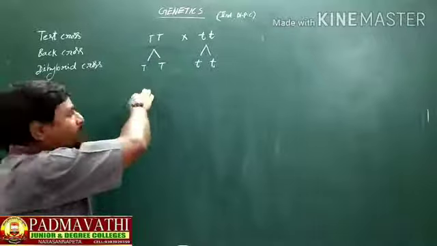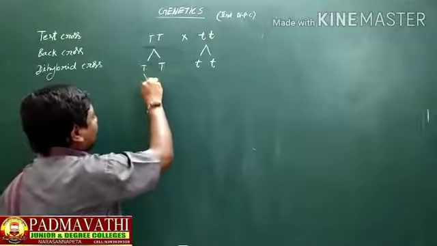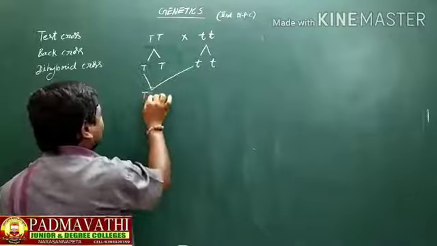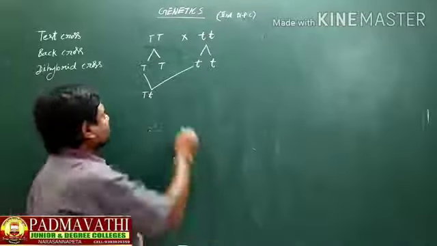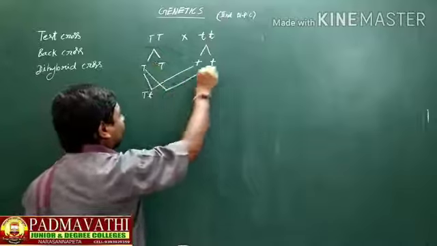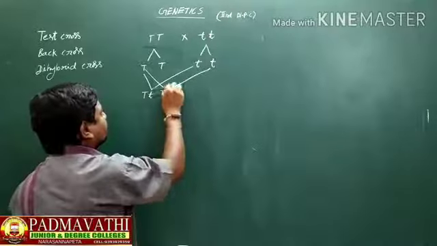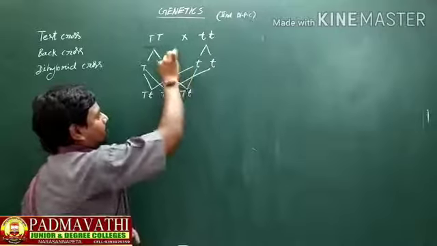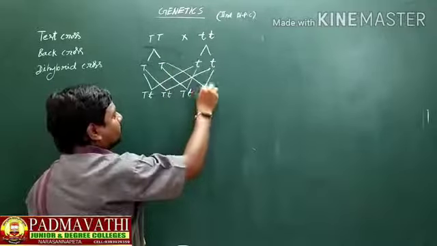Then the gametes are fused to form the F1 progeny, big T small t, big T small t.